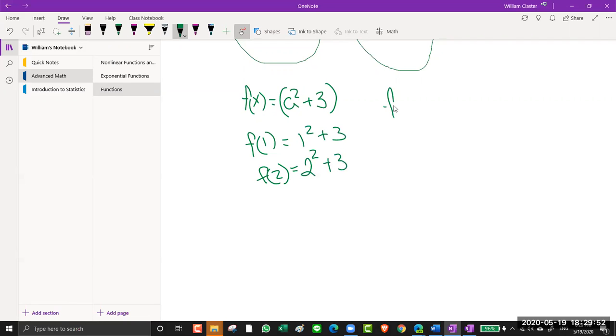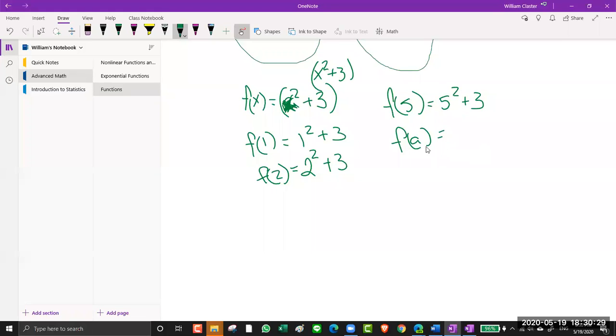What's f of 5? 5 squared plus 3, good. Sorry, what's that? It should be x. Okay, x squared plus 3, sorry about that.